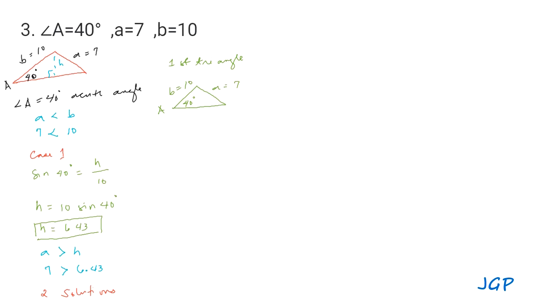Since given ang ating side B, this is my angle B, and this one is my angle C, and this one is my side C. And in solving the first triangle, ano-ano ba ang hahanapin natin?